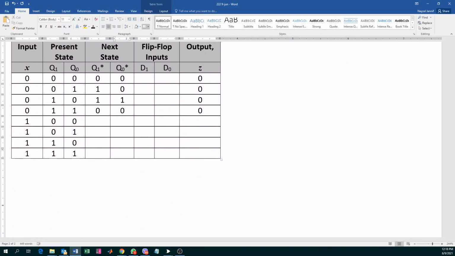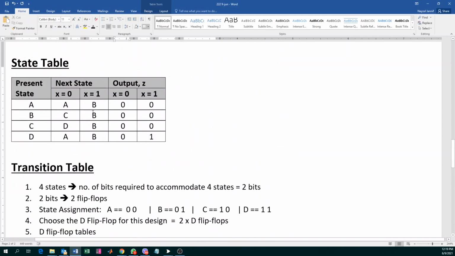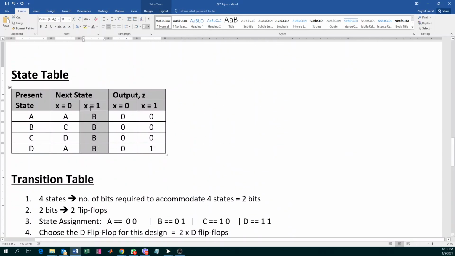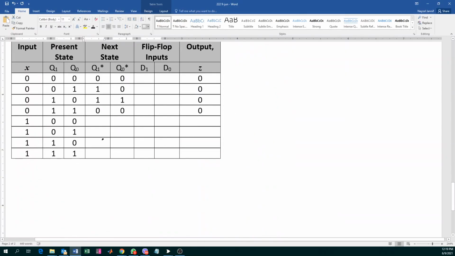A was 0, 0. All right. Now, if input is 1, do you notice that no matter what, all your possible next states are B, which is 0, 1. So we just type 0, 1.